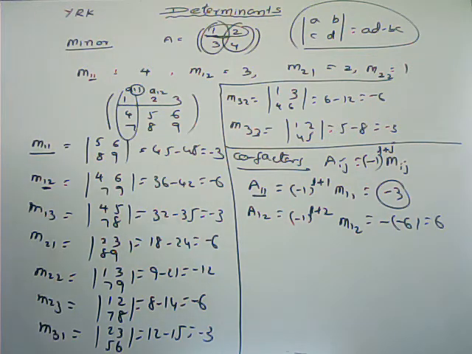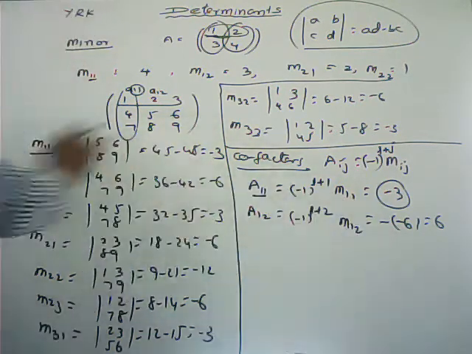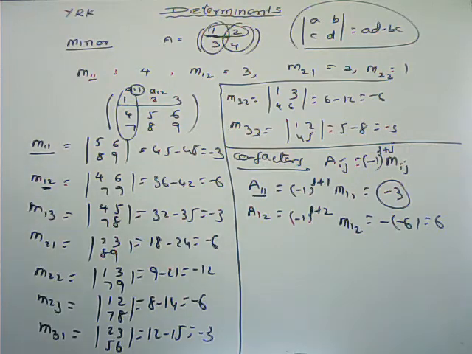The elements which are present in odd positions differ between minor and cofactor by a minus sign. And for the elements which are present in even positions, M11, M13, M22, M31, M33, the minor and cofactor are the same.